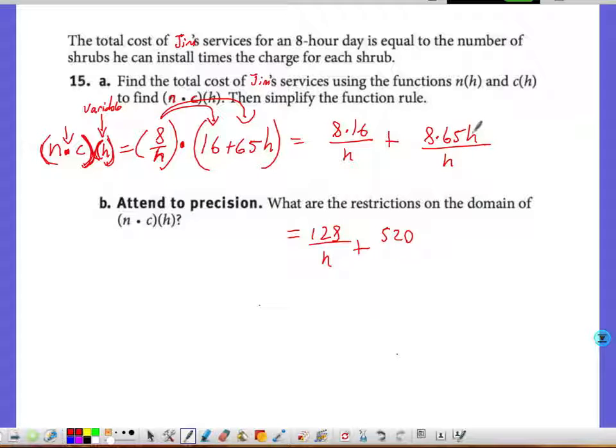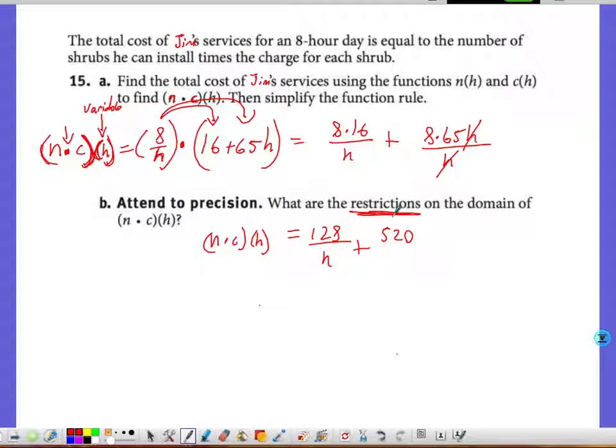Now notice that we have h over h. Those go away. They basically simplify to 1, and so this is what I have. N times c of h is equal to 128 over h plus 520. So we just multiplied those two functions.